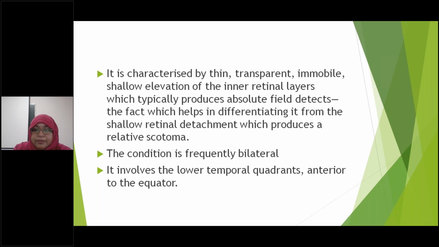This can be differentiated by increasing the light stimulus. By increasing the light stimulus, the relative scotoma goes off and vanishes, whereas an absolute field defect does not vanish with increasing light stimulus. The condition is frequently bilateral, and it involves the lower temporal quadrants anterior to the equator.